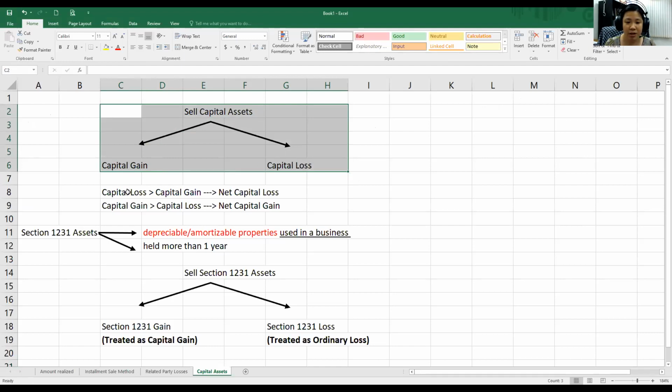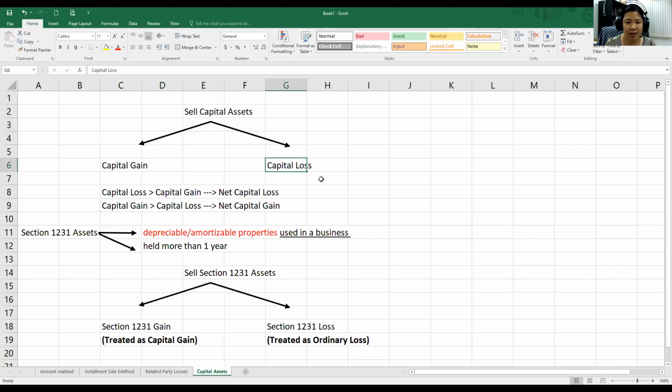If the capital loss is more than capital gain, we're going to have a net capital loss. And if the capital gain is more than capital loss, then we can use the capital gain to absorb the capital loss, and so we will have a net capital gain.